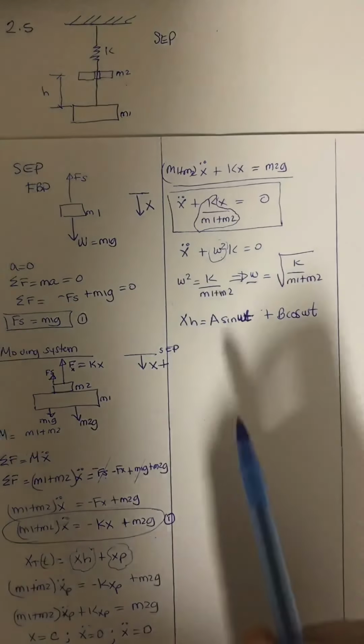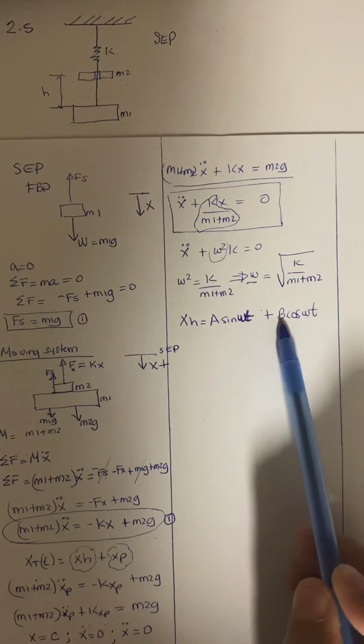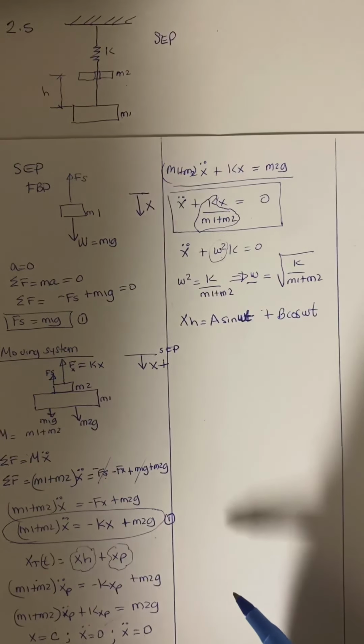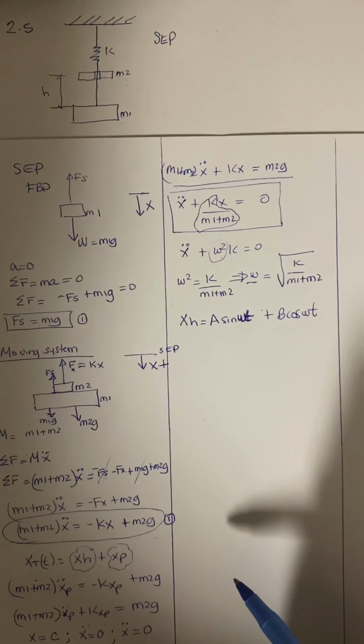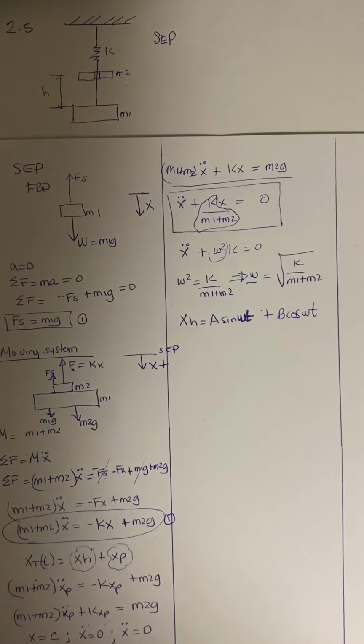In order to find this homogeneous solution, we need to find constants A and B. To find these constants, we need to know the initial conditions of the system and apply them to the total solution so we can get the constants A and B.